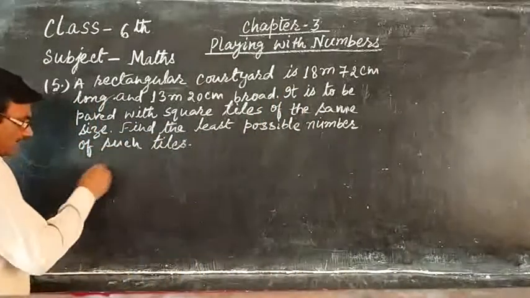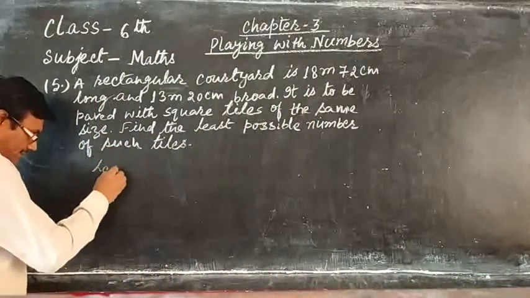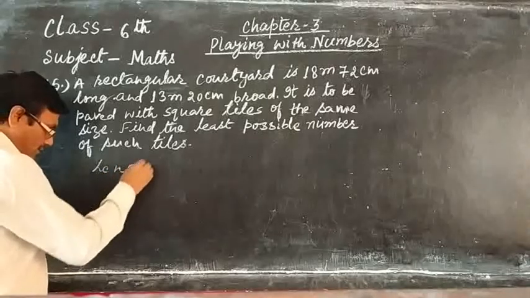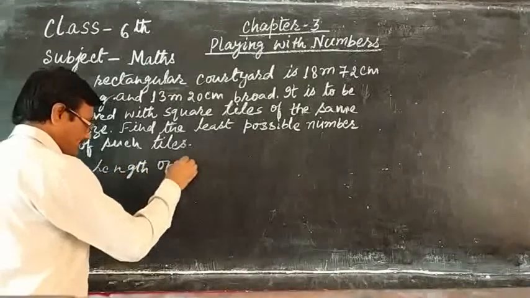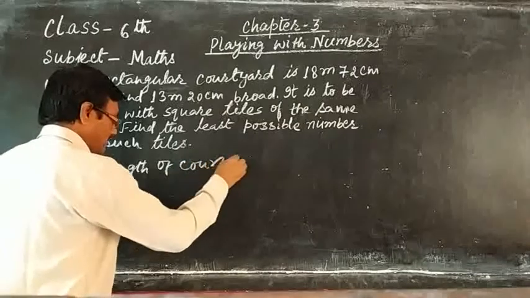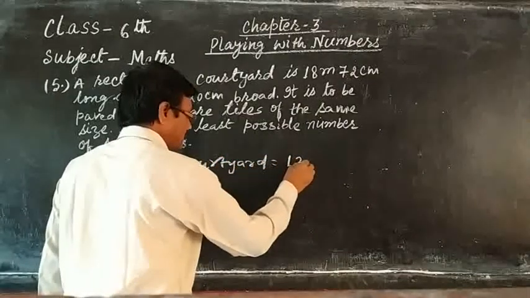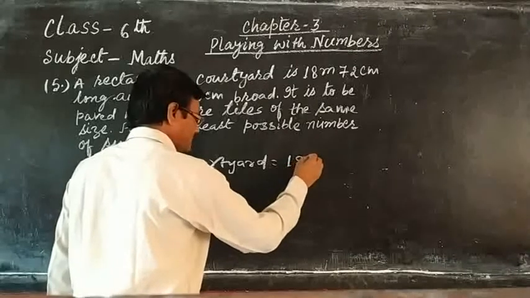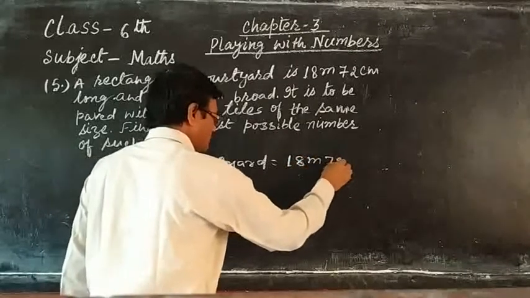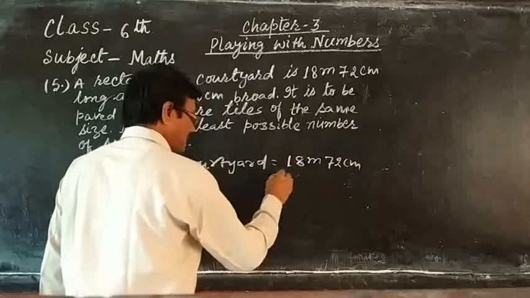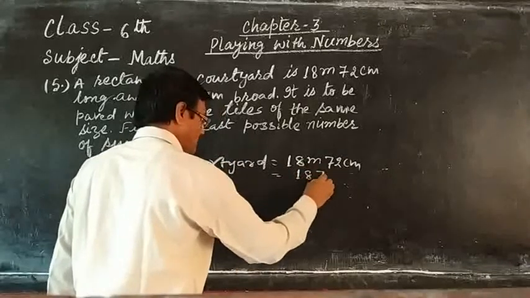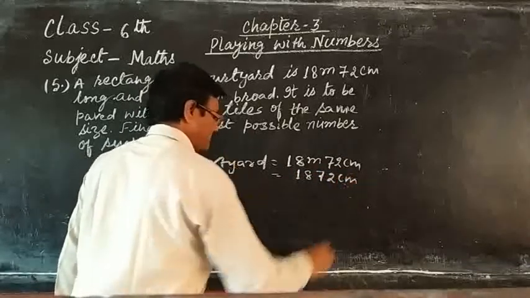Now see here, the length of the courtyard is equal to 18 meter 72 cm, which means 1872 centimeter.